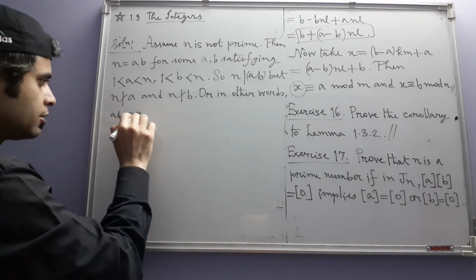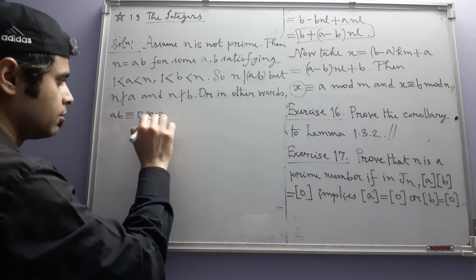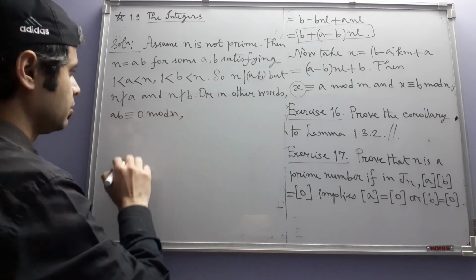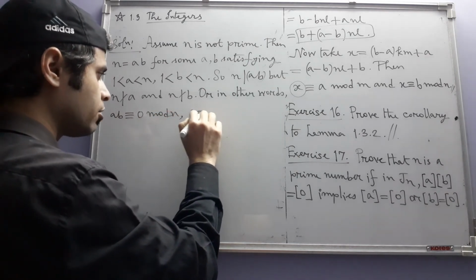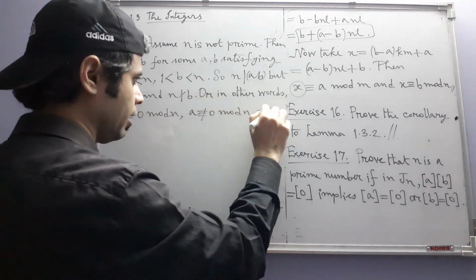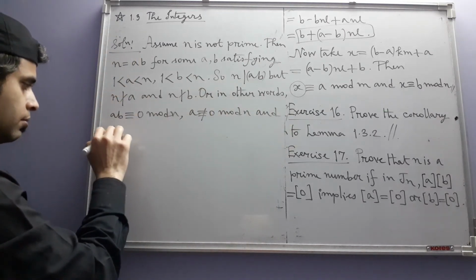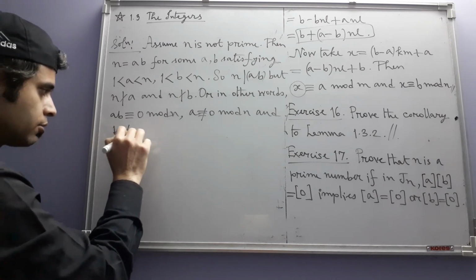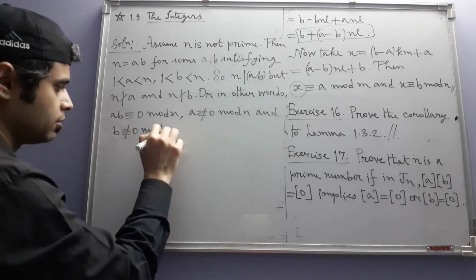AB is congruent to 0 mod n, A is not congruent to 0 mod n, and also B is not congruent to 0 mod n.